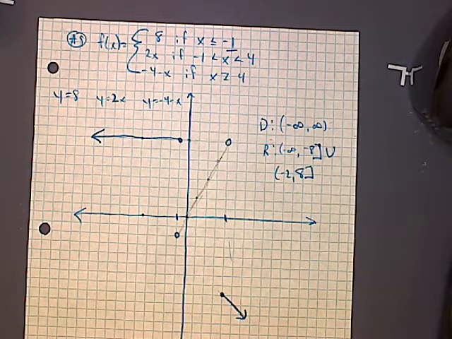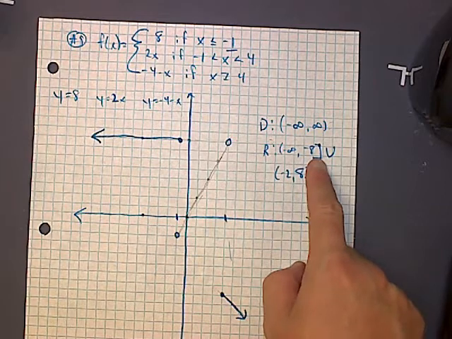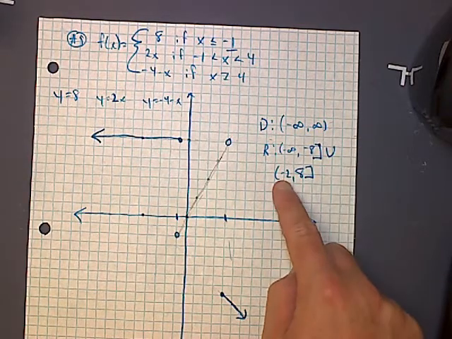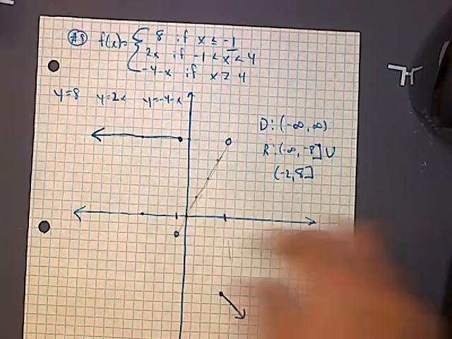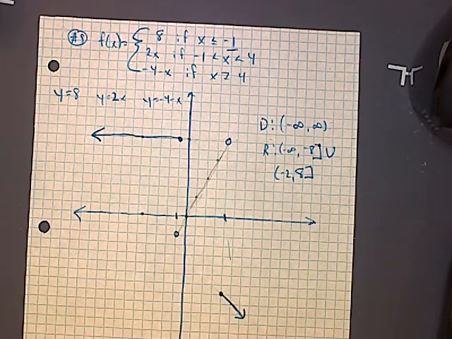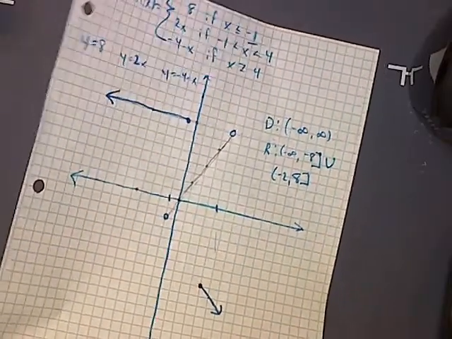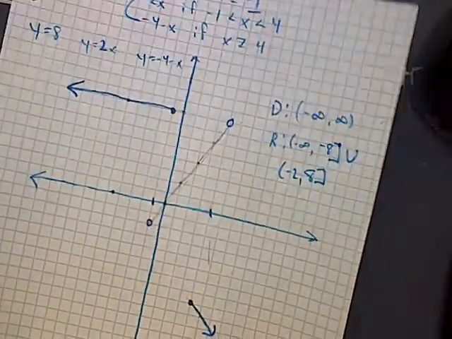So your range would be from negative infinity to -8, bracket, union, -2 to 8, bracket, because there's a break in between. There's nothing in between there of the function. Okay?